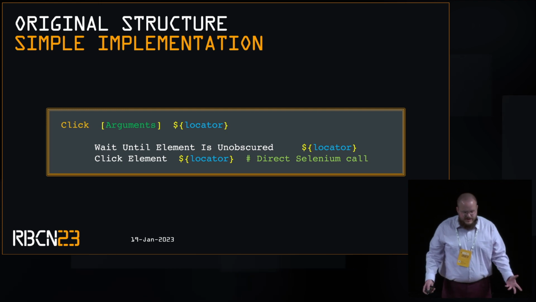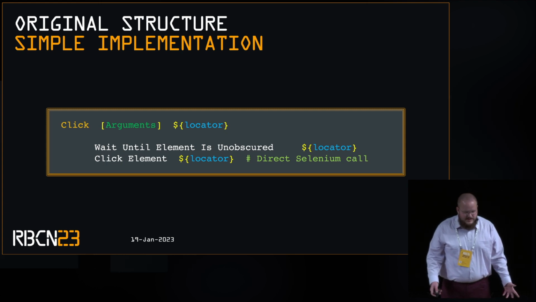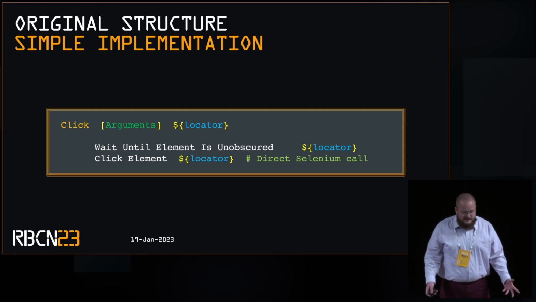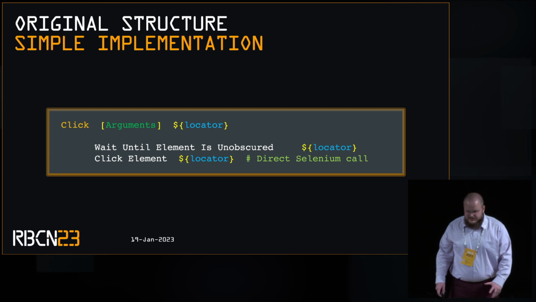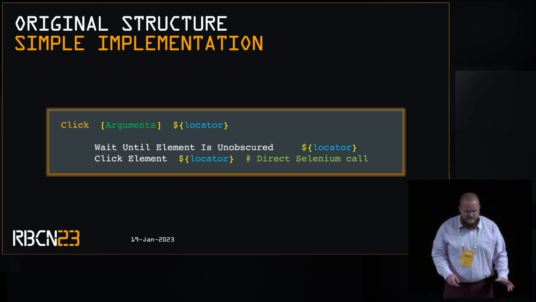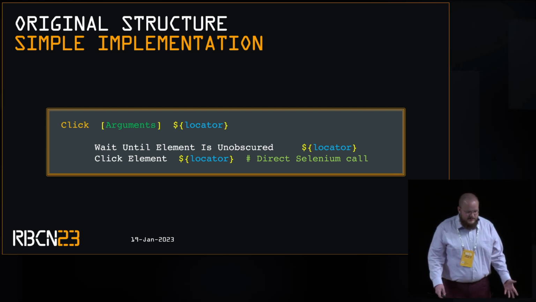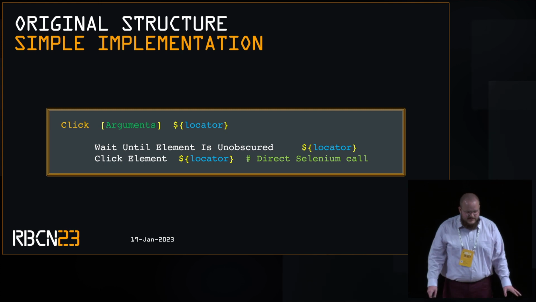And we hand that locator over to that keyword, and then the keyword just waits until that element is available to be clicked. And in order to not have to write in this keyword in front of every single time that we call click element, we simply replace it in one place, and it fixes this issue every time we call click.